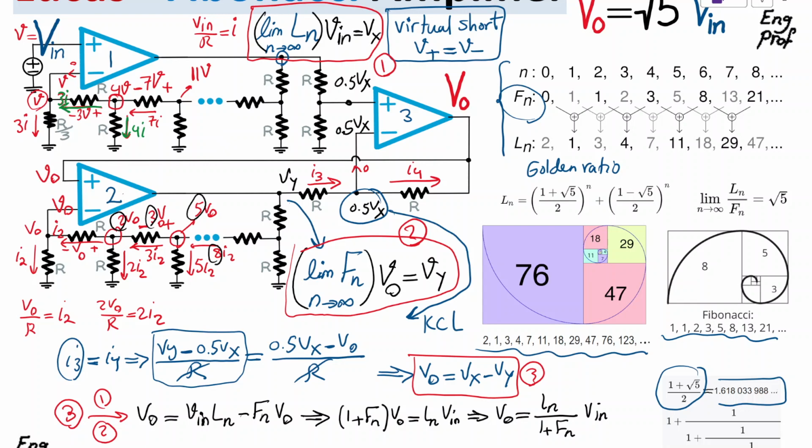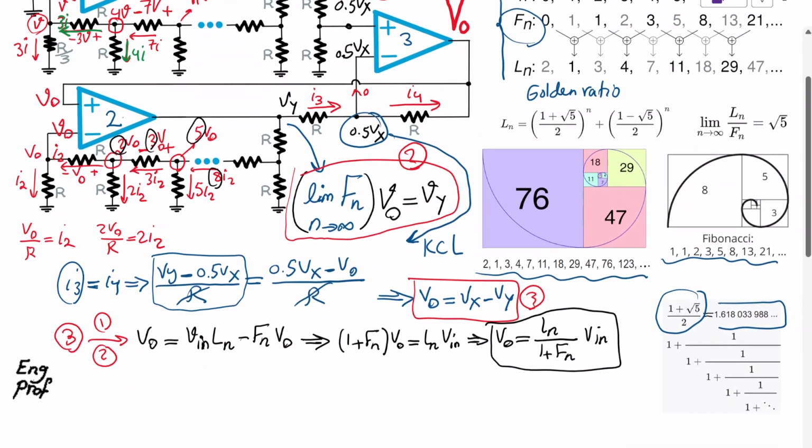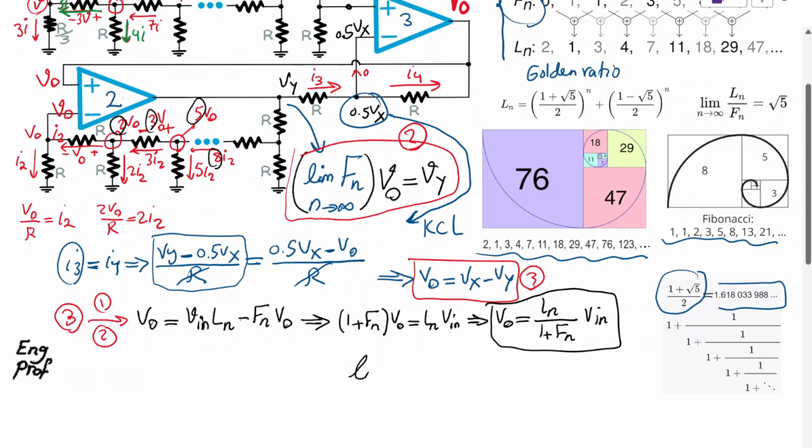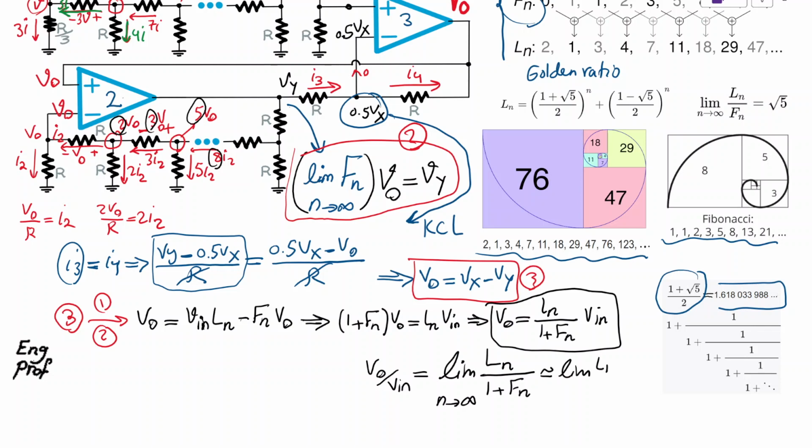We can approximate this formula by saying Vout over Vn effectively becomes limit of Lucas number index n divided by 1 plus Fibonacci number index n, when n goes to infinity, which is roughly the limit of Lucas number n divided by Fibonacci number n, when n goes to infinity.